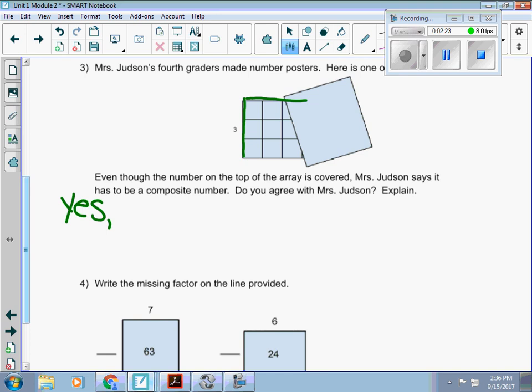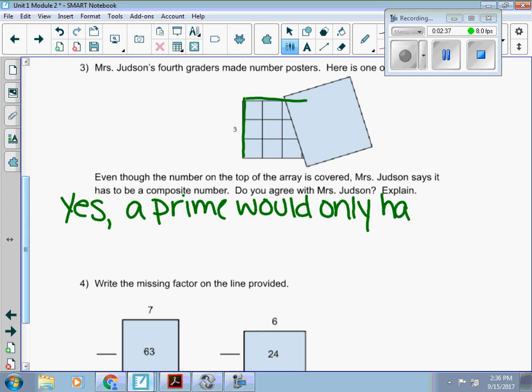And I know that because a prime number would only have an array for 1 times itself.